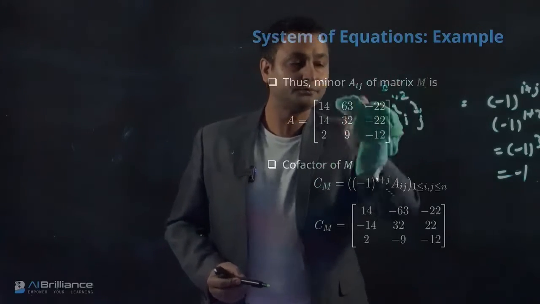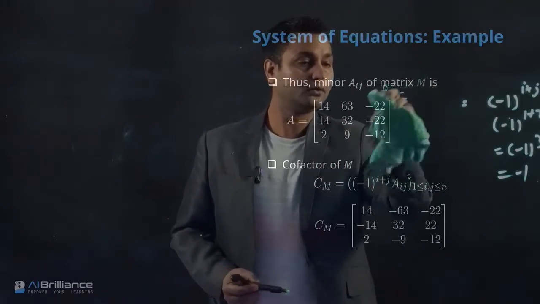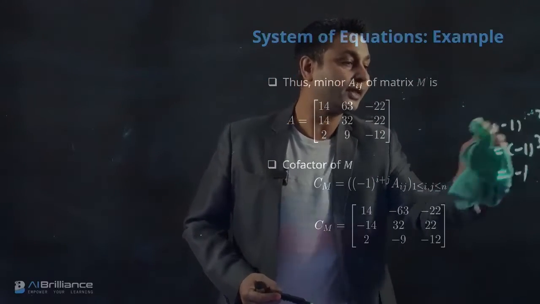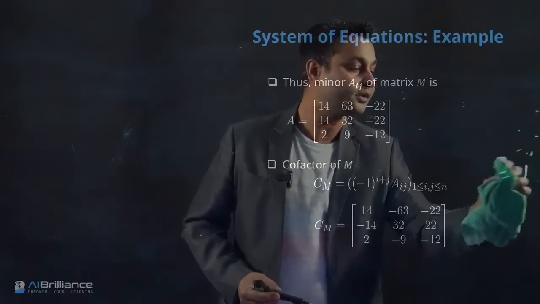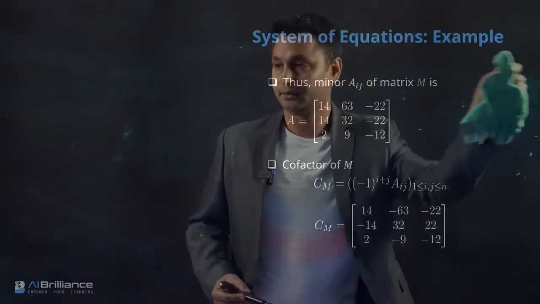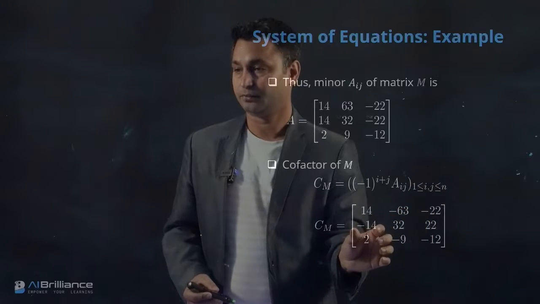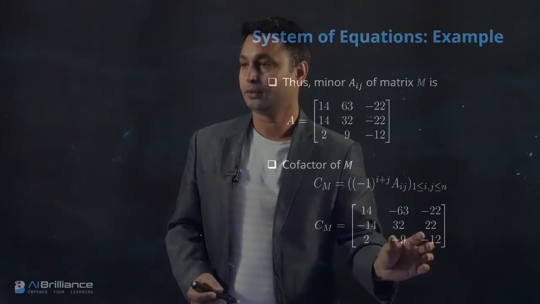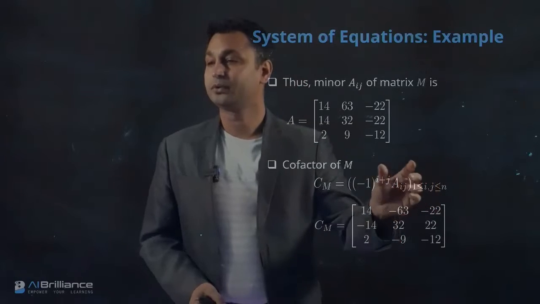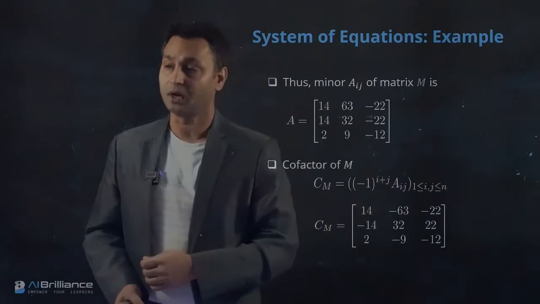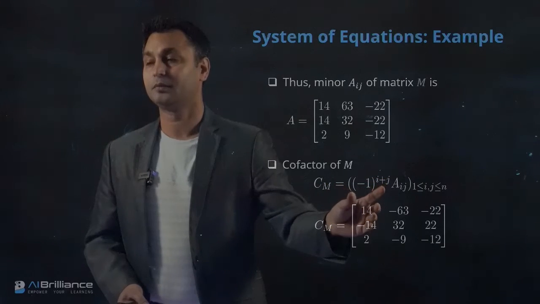Okay, so let's carry this equation, and if you follow this intuition, then you will see that after the transformation, some of the elements of the A matrix are essentially going to change sign. You can see the elements that are changing sign are 63, -14, 22 and -9. Why? Because for those indexes, when you take i plus j, they tend to be odd, and in that case this will be -1.